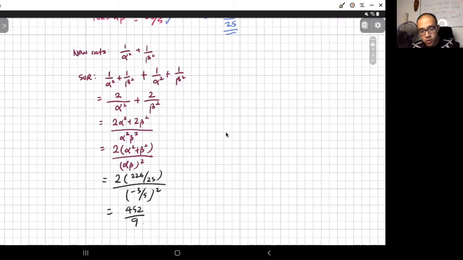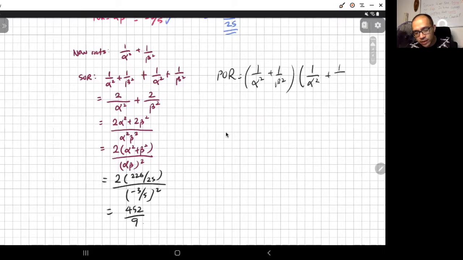It's over there. Then you do the same thing. Product of roots will be 1 over alpha squared plus 1 over beta squared times 1 over alpha squared plus 1 over beta squared. Oh man. Don't worry, we do it slowly.